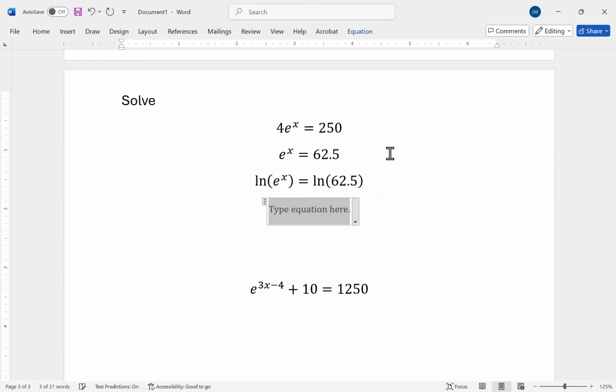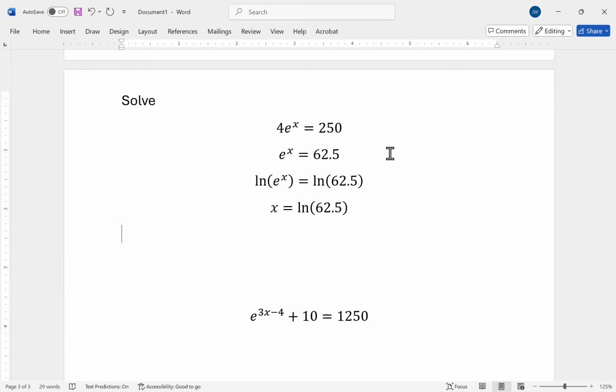Now on the left-hand side, the inverse property of taking a natural log and then e to the x, the inverse of log and an exponential function, tells me the left-hand side is x, and the right-hand side is the natural log of 62.5. Now, the natural log of 62.5 is just some real number.